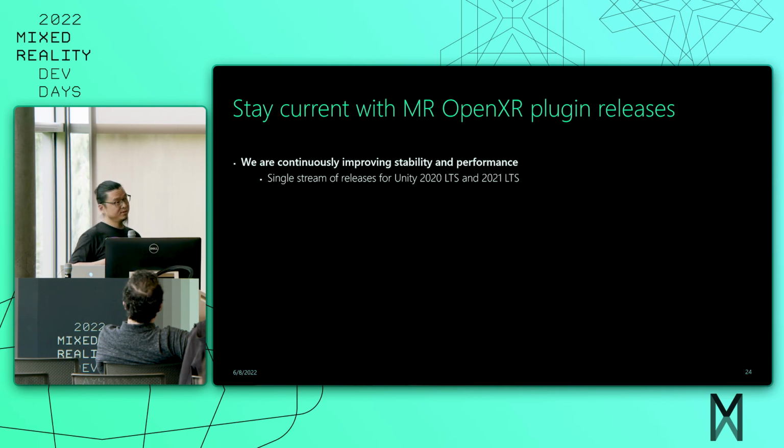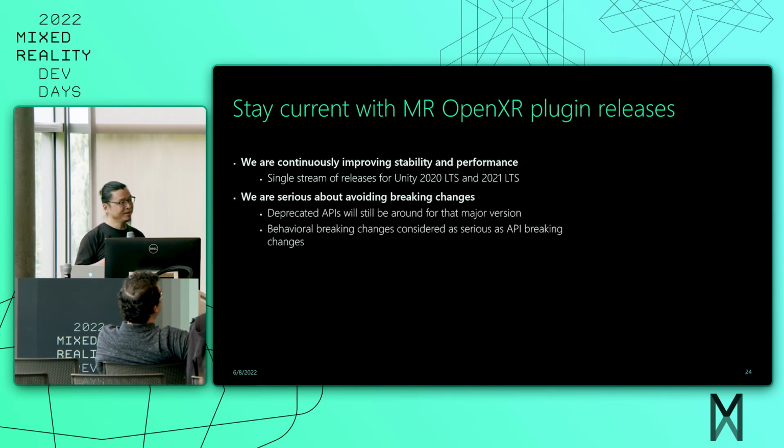Our plugin has a single stream of releases, right? It's a single plugin that supports both Unity 2020 and 2021, whereas a bug in Unity might be fixed in either 2020 or 2021, two different streams. But for our OpenXR plugin, we have a single stream that will be released for both of them. That means if you are picking up a new bug fix from us, it's likely you're going to pick up the latest version of our release. Therefore, we are very serious about avoiding breaking changes.